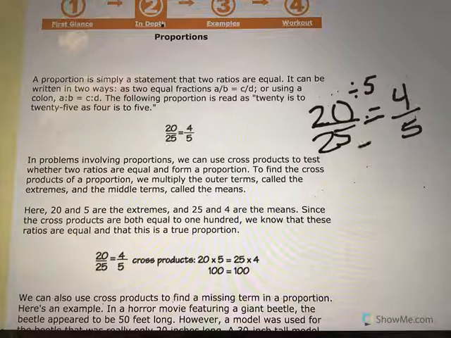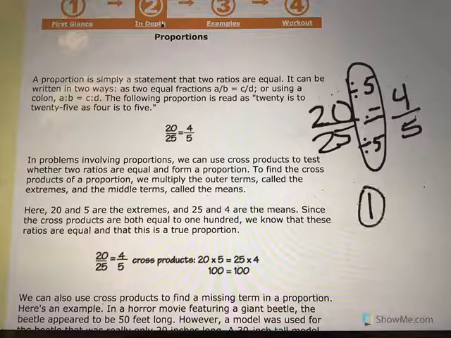Whatever you do to the numerator, you do to the denominator, and 25 divided by 5 is 5. Again, this is called the property of 1 because 5 divided by 5 is 1. These numbers were divided technically by 1, but we just use a different number to make them look different. It's still equal in value, which we can check by cross multiplying. We still get 100 over 100, so we know that these are equivalent.